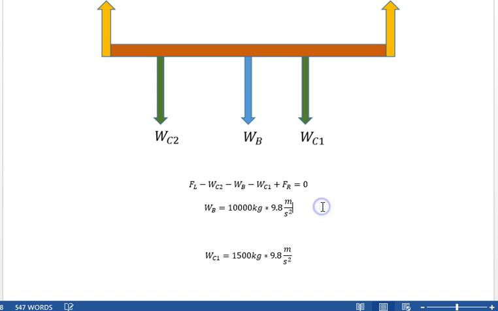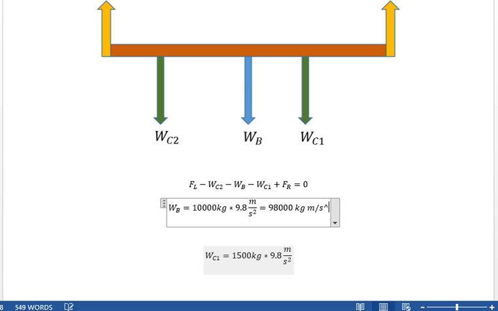Let's go ahead and multiply these out. 10,000 times 9.8 is 98,000 kilogram meters per second squared.